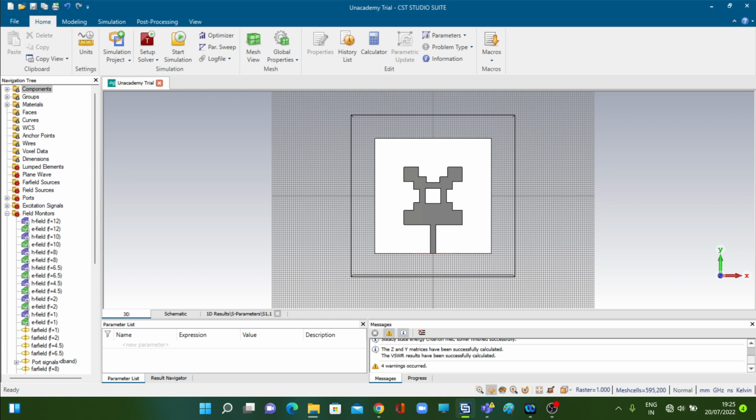Completely, it is devoid of any metal. It is created with a dielectric slab, dielectric block. So the conduction loss can be hugely reduced, and that can have a huge impact on the bandwidth of the antenna and also on the gain and efficiency of the antenna structure.